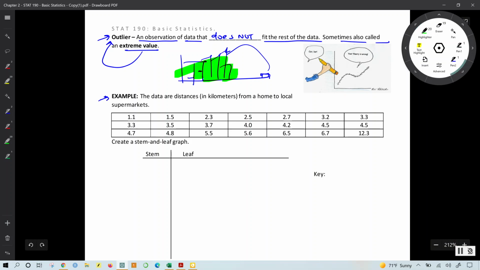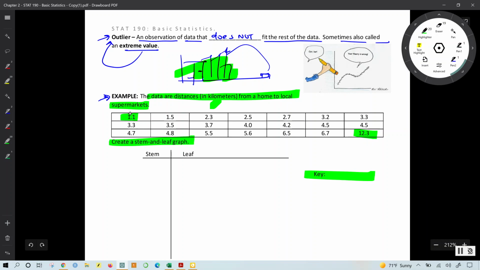Then, just to reinforce our learning on stem and leaf plots, we are given the data here, which are distances from a home to local supermarkets, measured in kilometers, 1.1 as far as 12.3 for different individuals. So we would like to create a stem and leaf graph. The first step is to begin by setting up a key.